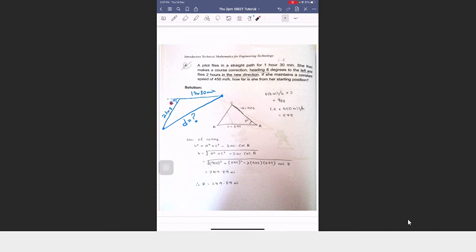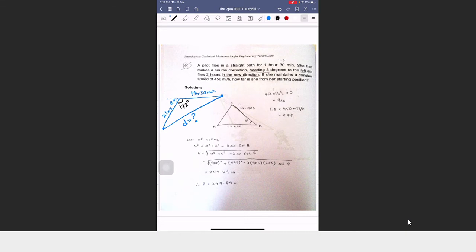Because this is 8 degrees here, and this is a straight line, that will give you 172 degrees. So you know that this is 172 degrees.